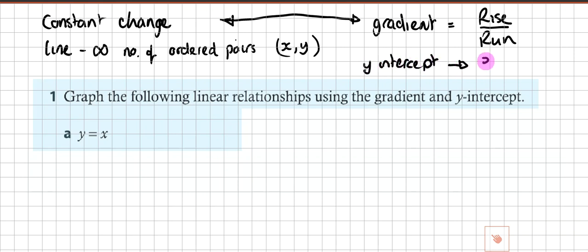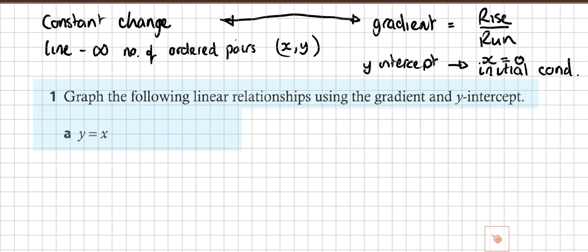We have a lot of these in linear relationships in context. We call that the initial condition, where it starts from.